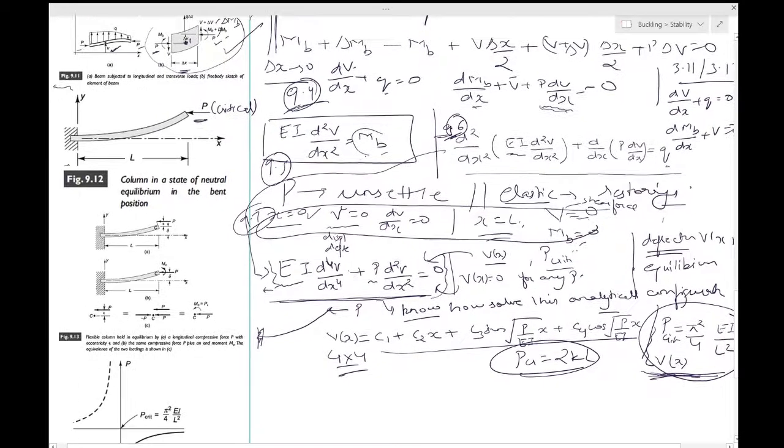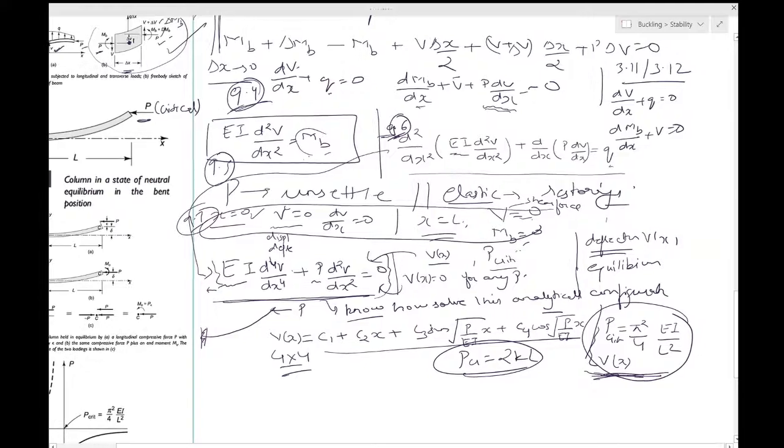Now note that in 9.15 the constant C1 has not been fixed. So what happened over here was V of x was equal to C1 times (1 minus cos(pi x by 2L)). We didn't actually fix what C1, this constant, was.